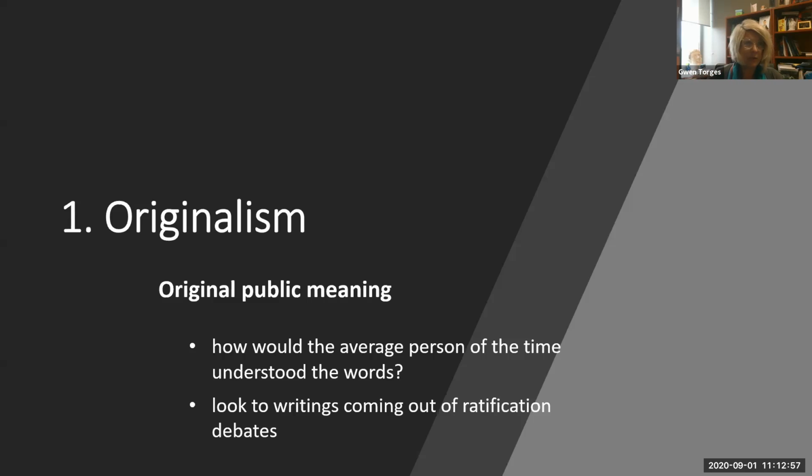There was a case, about 20 years ago now, where the question was, what does enumeration in the Constitution mean? Because the Constitution mandates that every 10 years there be a census and everybody be counted. The language says that every 10 years there will be an enumeration of the population.